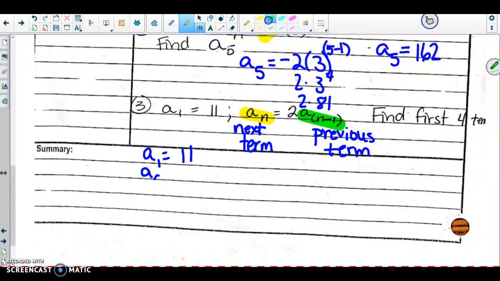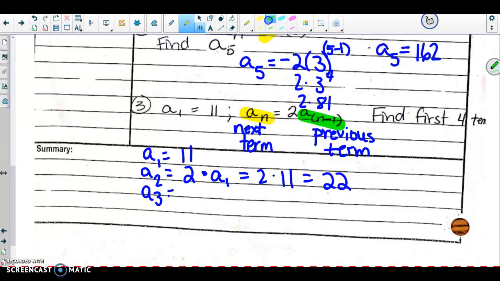If I need a sub 2, I'm going to take 2 times a sub n minus 1, which would be a sub 1, because 2 minus 1 is 1, and we know that's 11. So really, this is just 2 times 11, which is 22. So a sub 2 is 22.